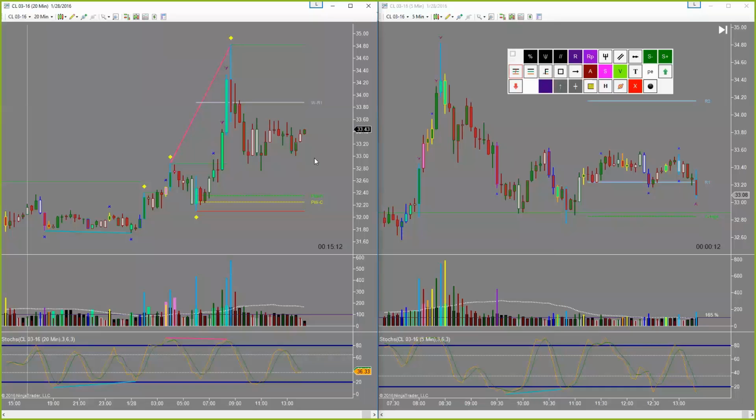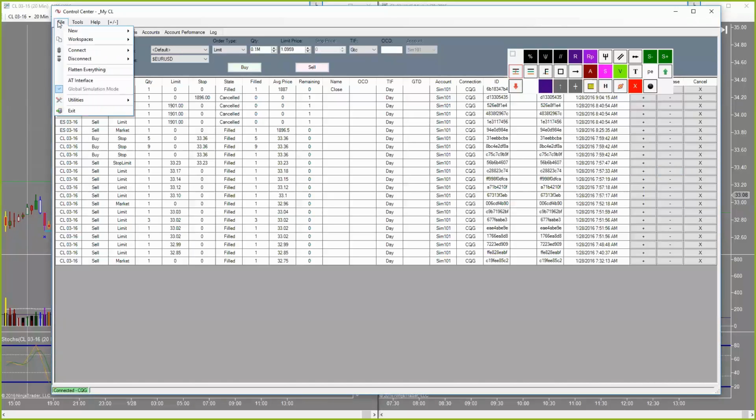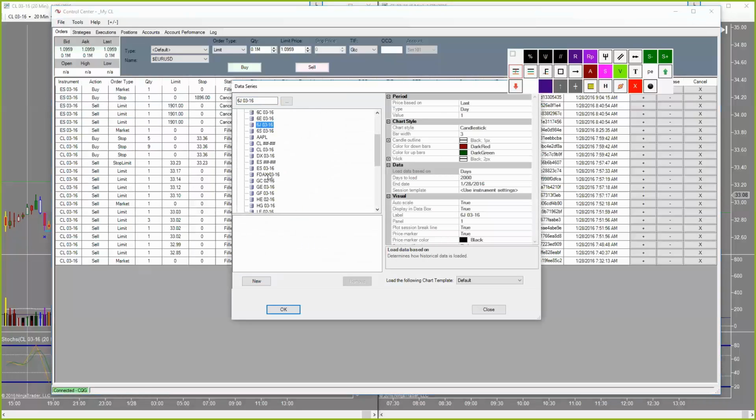Let me take these cursors off. So the thing with volume analysis, I'm not sure how much you guys know about performing volume analysis, but let's look at a couple of different charts here. Let's just create a crude oil 10-minute chart.